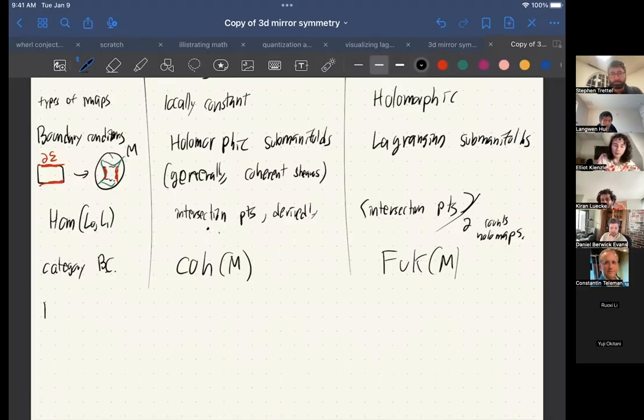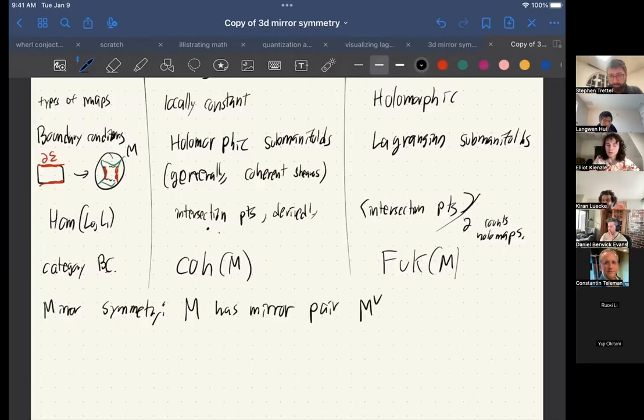And mirror symmetry posits, just like I said before, that a Kähler manifold M has a mirror pair, which I'm going to call M check. It's a mirror pair such that the underlying quantum field theories are isomorphic. The A and the B twists are related to one another.